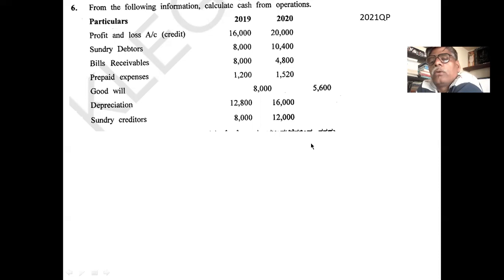So first you calculate fund from operation, then add increase in current liability and decrease in current asset, less increase in current asset and decrease in current liability. Second step. And third step is less income tax paid or add income tax refund. Clear? This is the point you remember in connection with cash from operation.